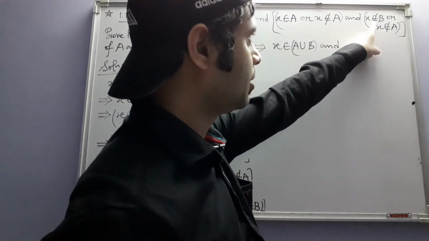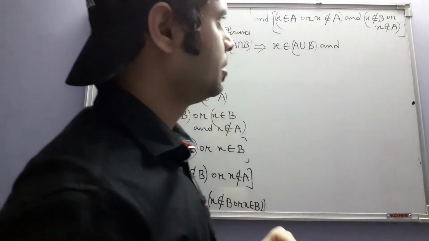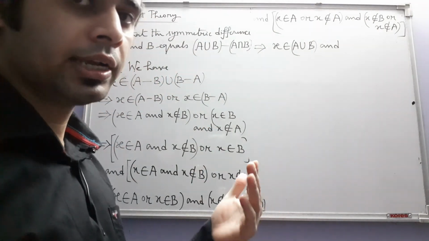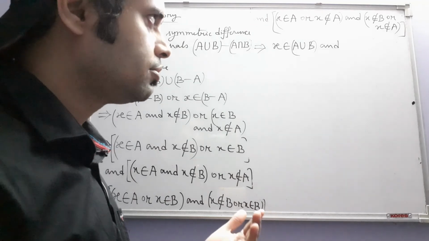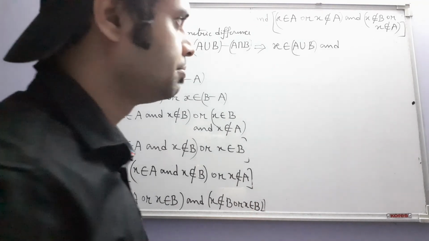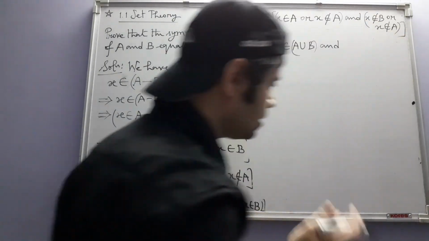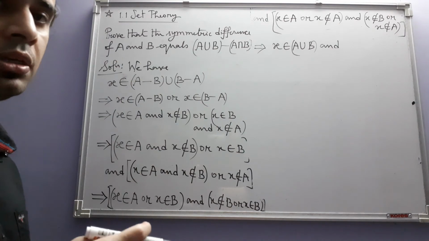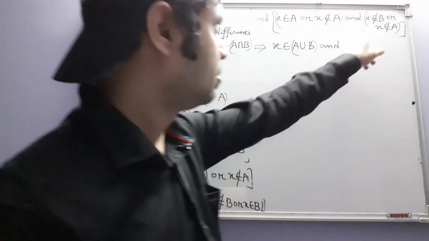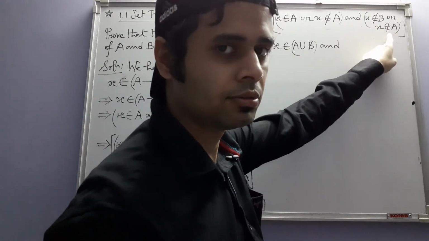X does not belong to B, or x does not belong to A. So either x is not in B or x is not in A. Do you think it is possible for x to be in A intersection B? No, because if x belongs to A intersection B, then x will be both in A as well as in B. This or this means one of them must be true.